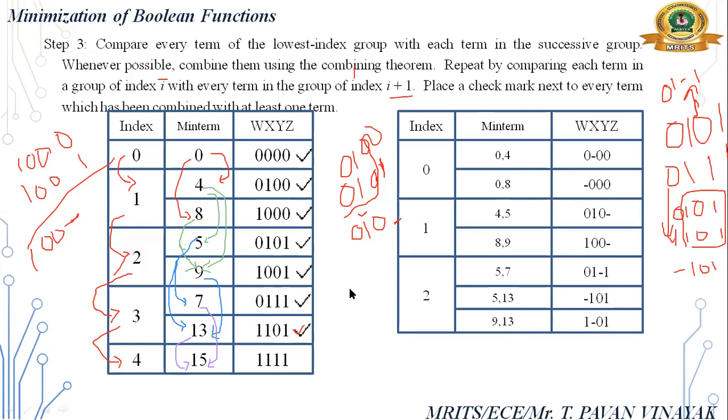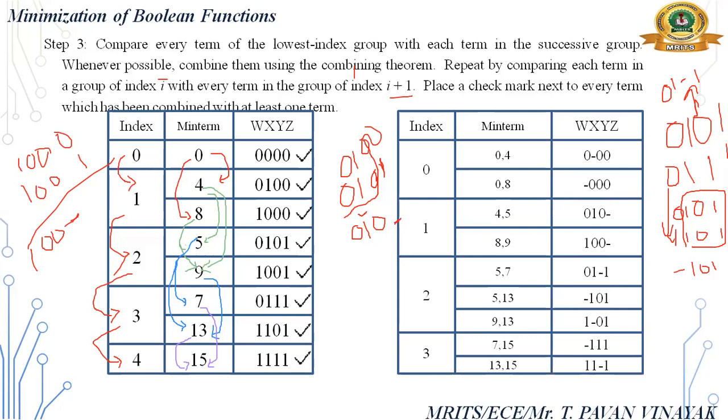Now compare index 3 with index 4. Then you get index 3 only. 7 with 15, 13 with 15 now. Observe 7 with 15 is dash triple one, and 13 with 15 is double one dash 1.